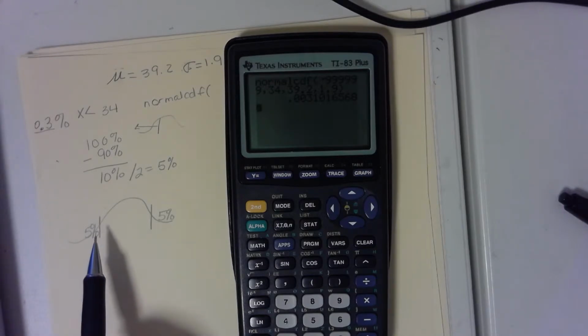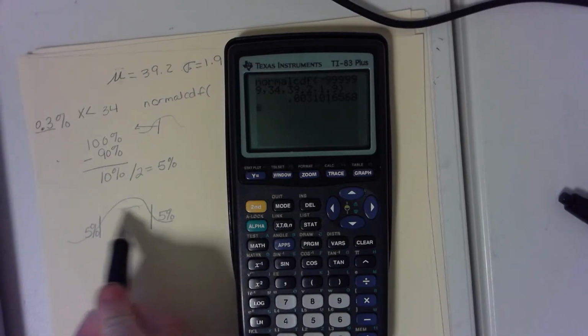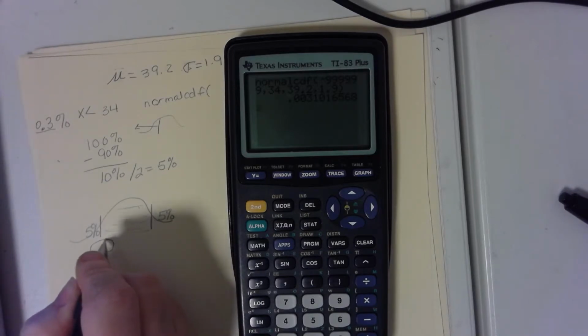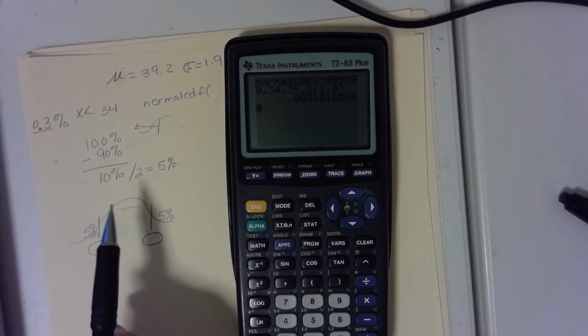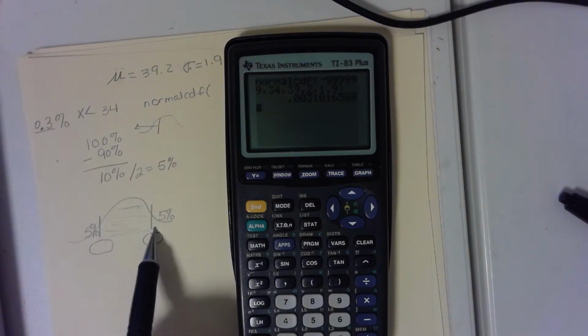So the next part is asking for the middle 90%. So what they want is they want this middle 90%. So we have to give them a low number here and a high number here. So what they're asking for is what's the low number given 5%? What's the high number given 5%?